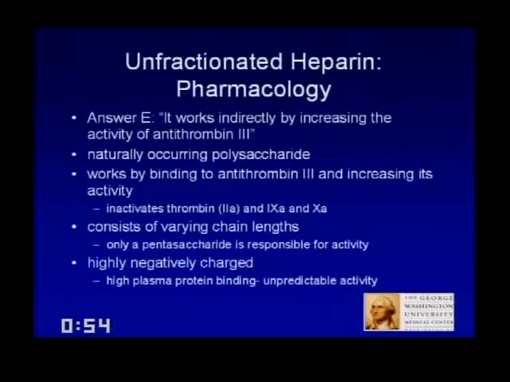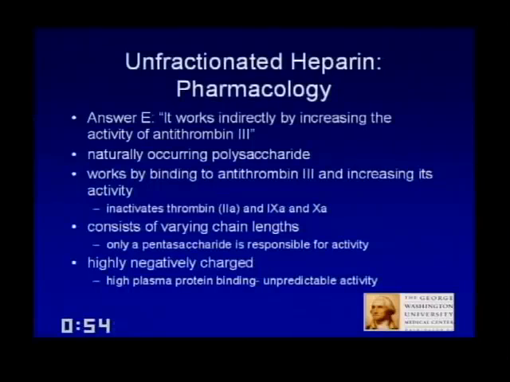Unfractionated heparin is a naturally occurring product. It's a biological, made from grinding up the spleens of cows and pigs and so on. It consists of varying chain lengths that lead to a very variable activity in any given patient, and that's why it needs to be monitored so closely.